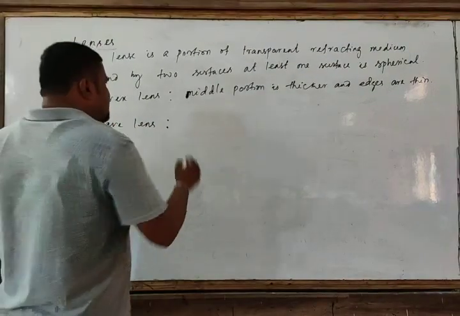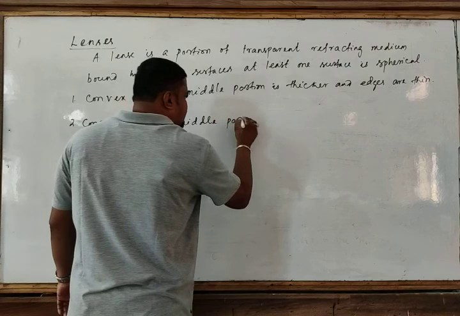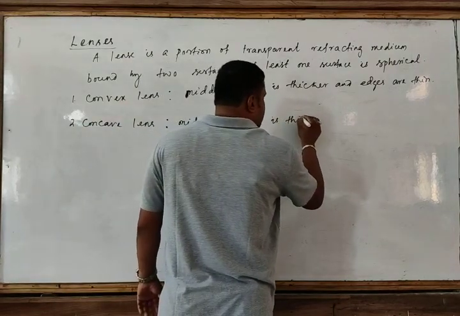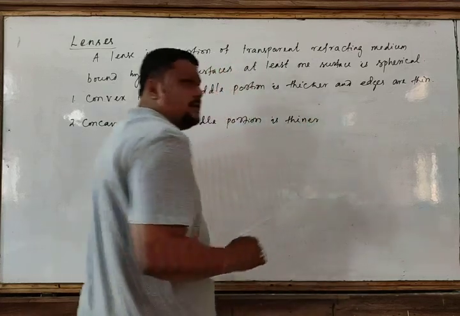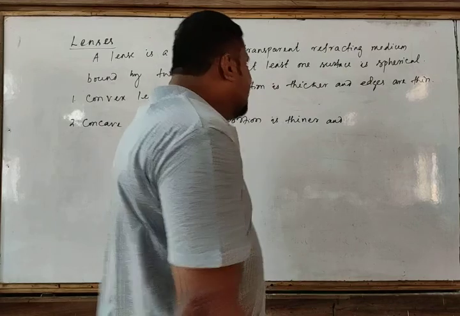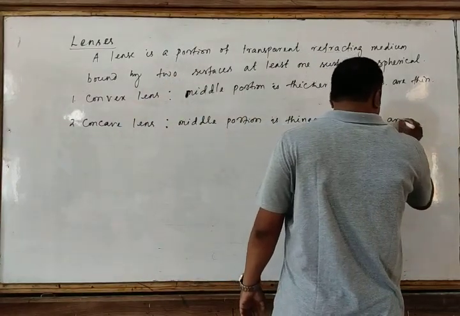In a concave lens, the middle portion is thinner and the edges are thick.